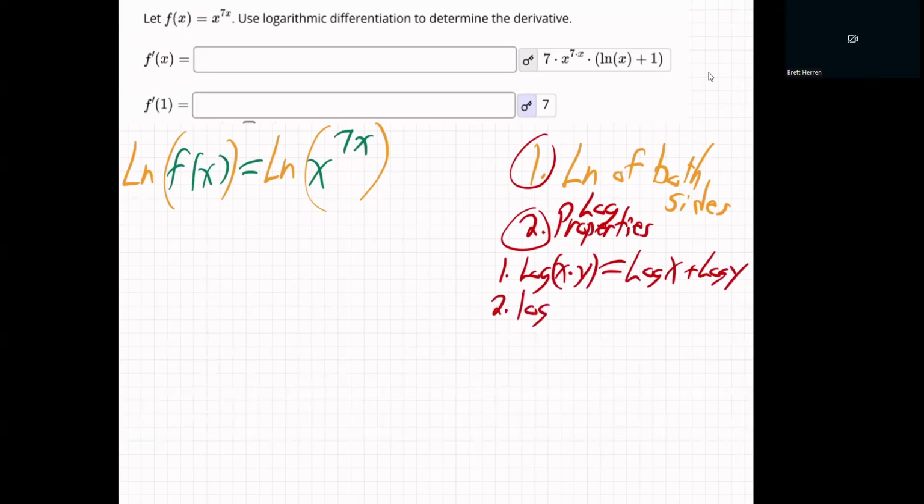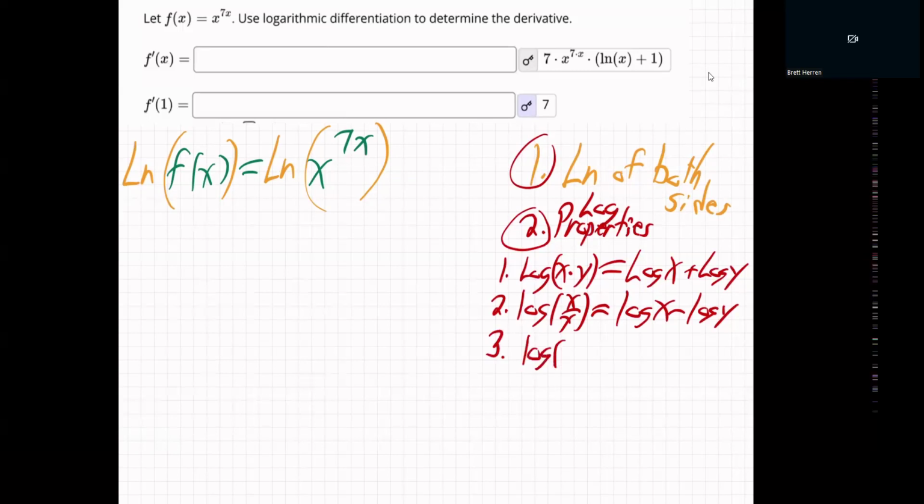Property number two says, remember these from pre-calc, the log of x divided by y is log of x minus log of y. And property three says the log of x to a power: you can bring the power down to the front, and it's power times log of x. So we have to use those properties.